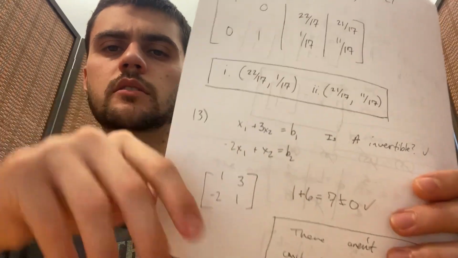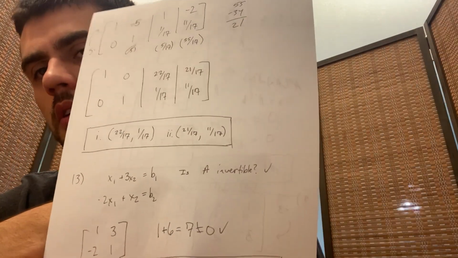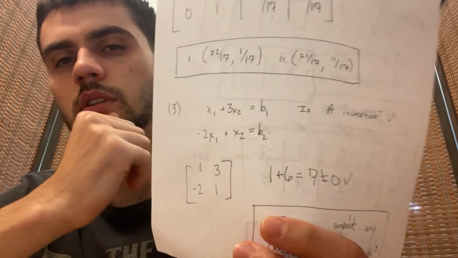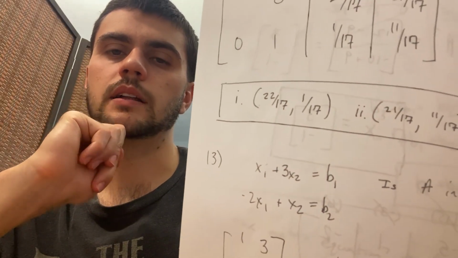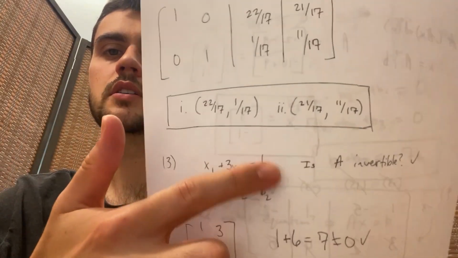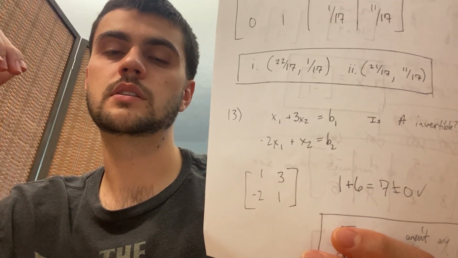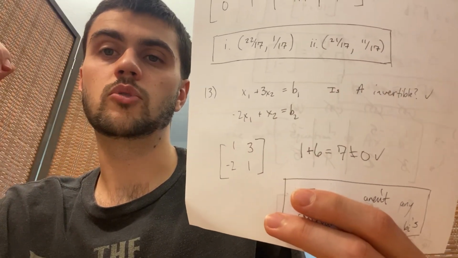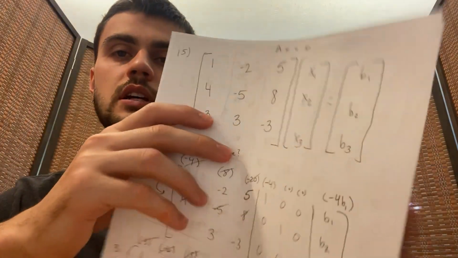Yeah, just a linear system. The first thing I check is whether A is invertible, because if it's invertible, then we know by the equivalence theorem that there are no constraints on the B's. All values of B will lead to a consistent linear system.